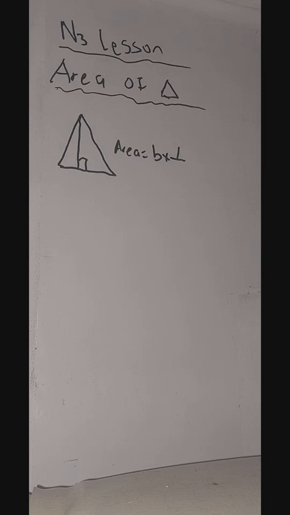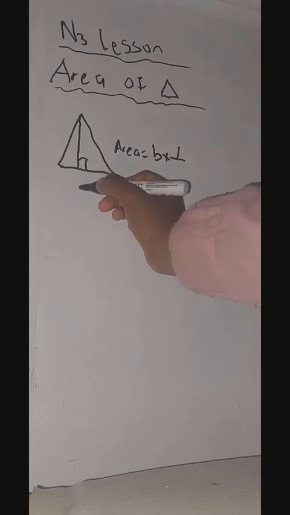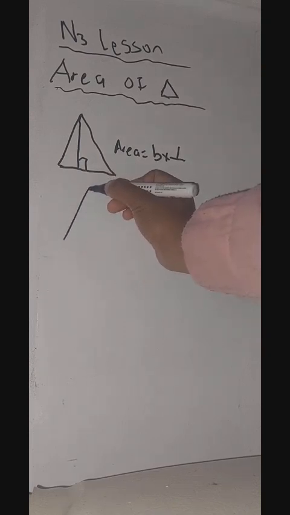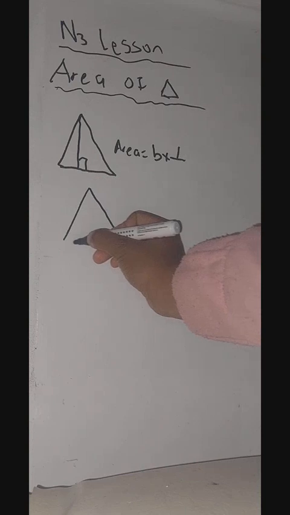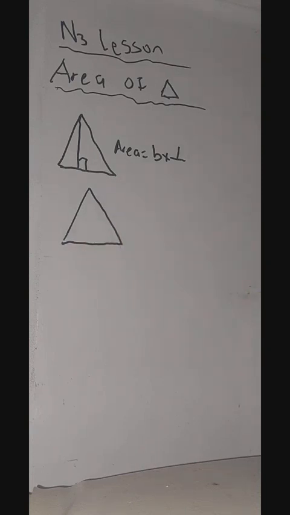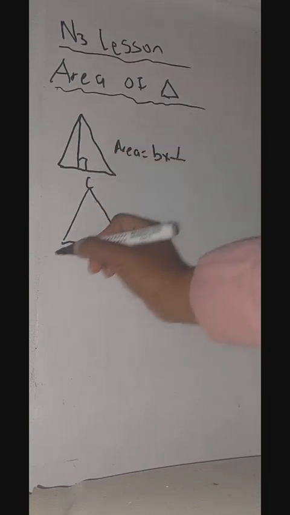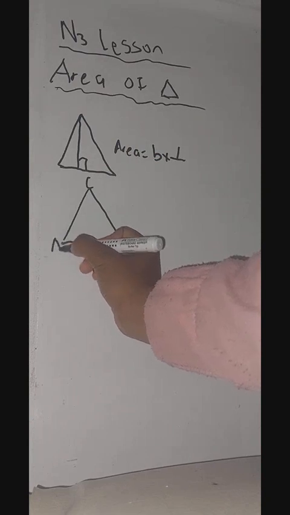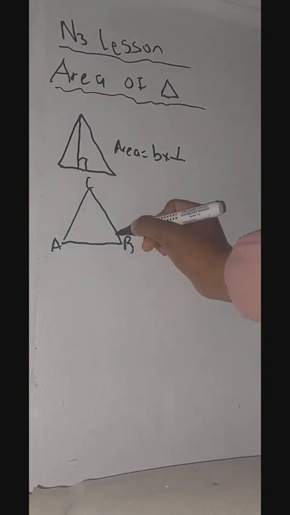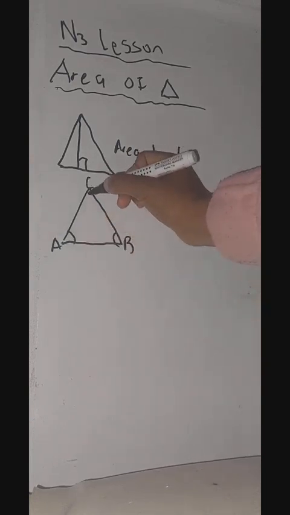If the triangle is not a right angle triangle, then we're going to have this triangle ABC, and you're going to have angles here.